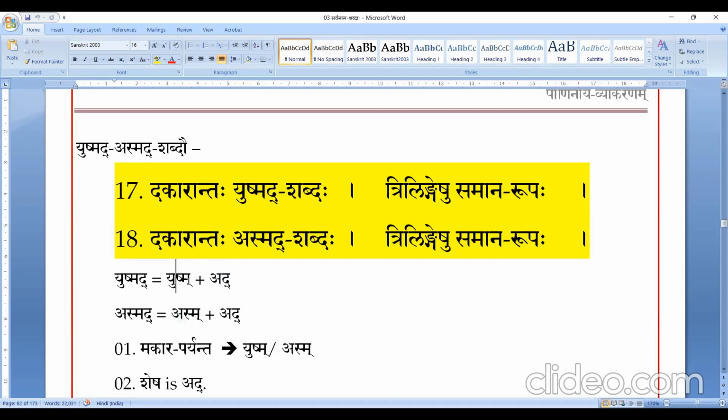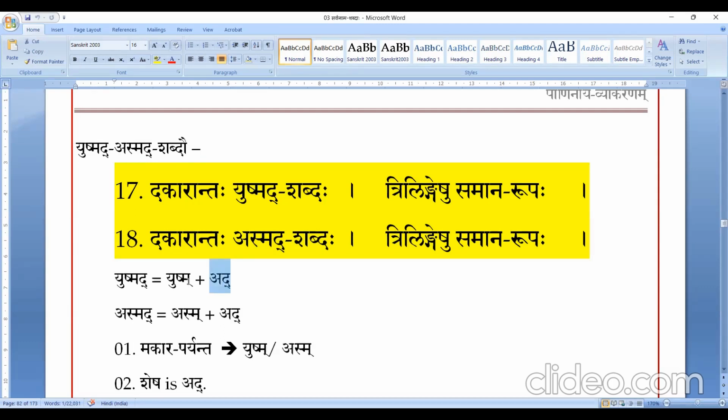The Laghu Siddhanta Kaumudi will say Alontyasya, Sheshe Lopaha, by the Paribhasha Alontyasya, the last letter, Takara, will become Lopaha. The Siddhanta Kaumudi says the entire thing will go away. So we have two Pakshas, but we will have the same Rupam. Either you make the Lopa of Dakara or of the Ad, by the Sutra Sheshe Lopaha.